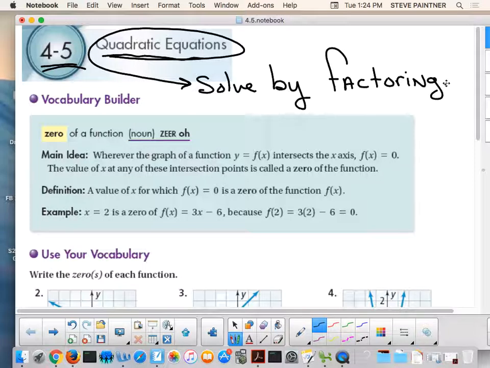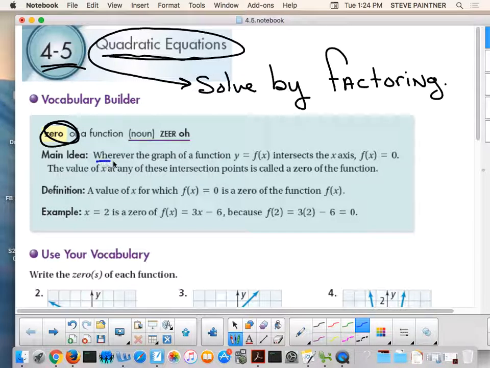Okay? Before I start solving, I got to talk about this little term here. It's called a zero. What's a zero in Algebra 2 or any mathematics course?